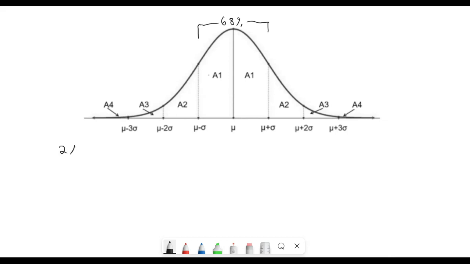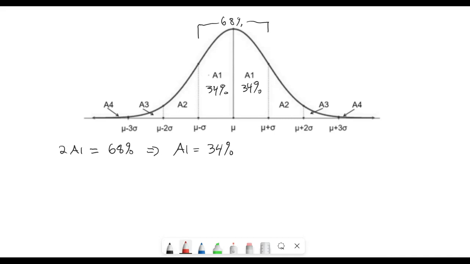So we have 2A1, and that equals the 68%. If we divide both sides by 2, we get A1 is 34%. So this is 34%, this is 34%, and adding those up, we get the 68%.